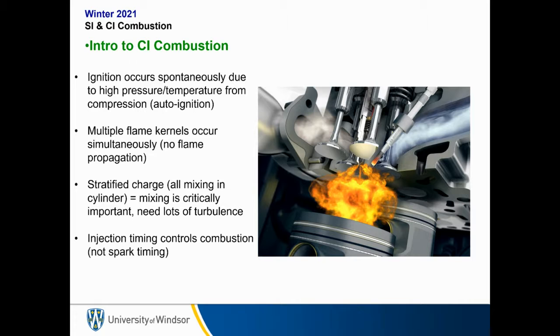So it's a different control mechanism. That's one of the main differentiators between spark ignition and compression ignition. Spark ignition, your control mechanism is the spark timing. Compression ignition, your combustion control is the injection timing, when you inject the fuel. Because as soon as you inject the fuel, because of the high pressure and temperature, you're going to get combustion.